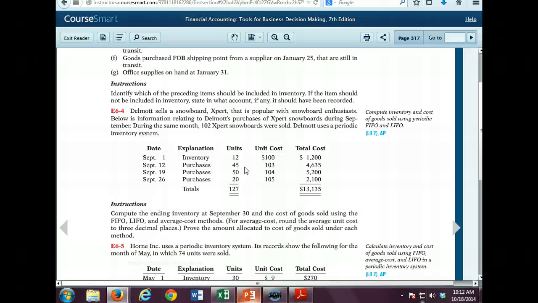Now let's do it under LIFO. Under LIFO, we sold 102 units.